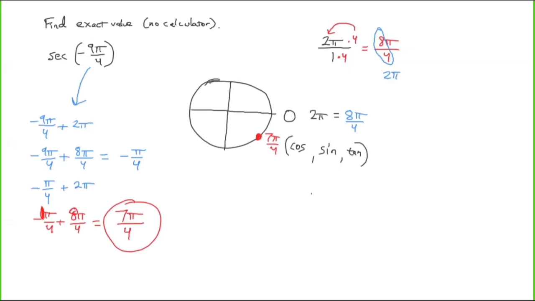So let me show you that method. We only need cosine because that goes with secant. Once we get the cosine, all we have to do is flip it over. This is the relationship between the two. So once we get the cosine, we'll flip it over and we'll get secant.